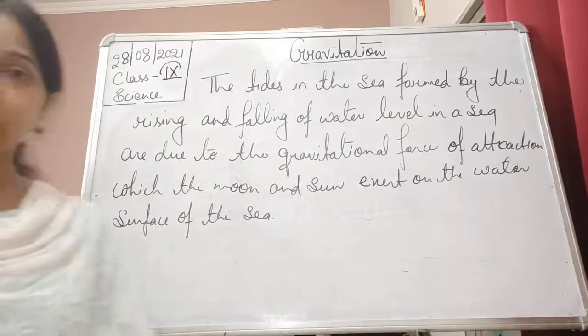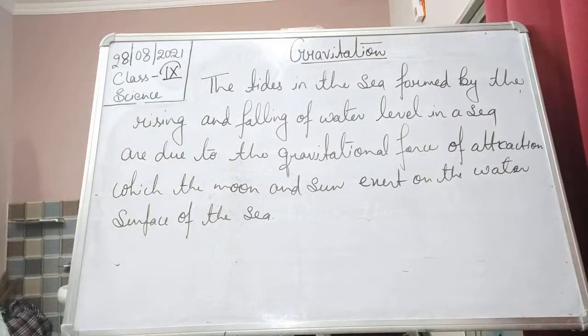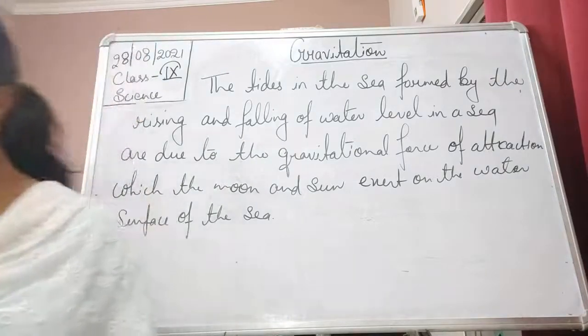Okay, so high tides are formed because of the force of attraction exerted by the sun and the moon on the sea.